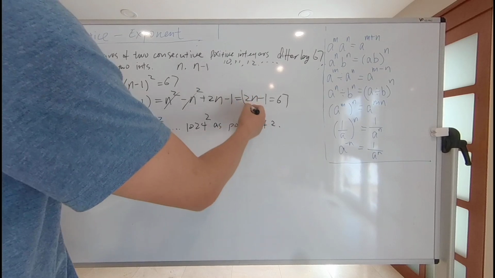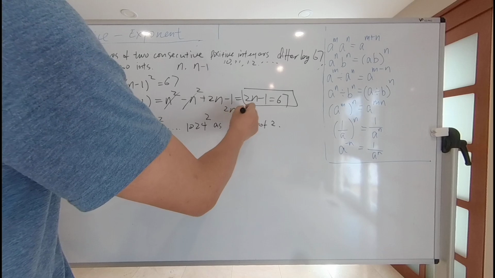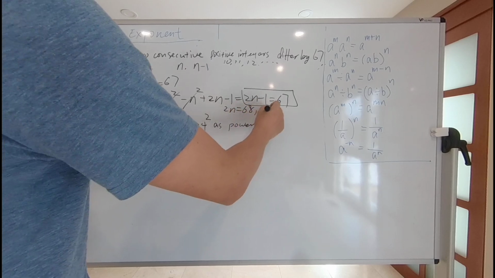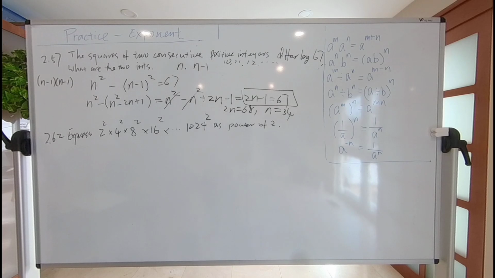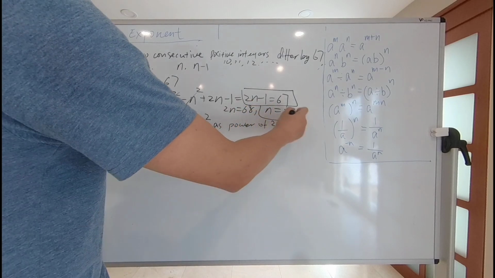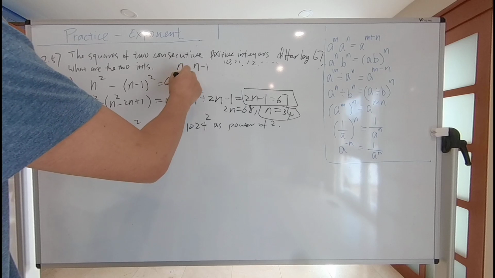So then I can just solve it from here. I will get 2n equal to 68, then I will get n equal to 34. So up to here I already solved it, so the numbers must be 33 and 34.